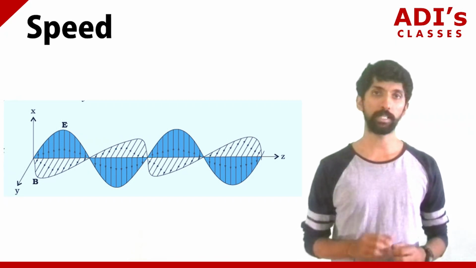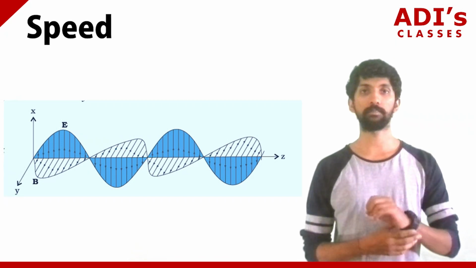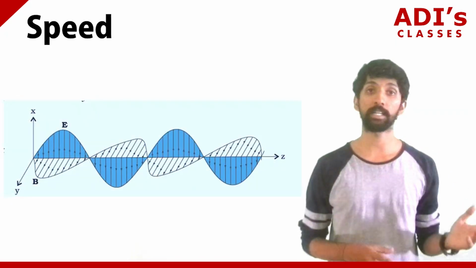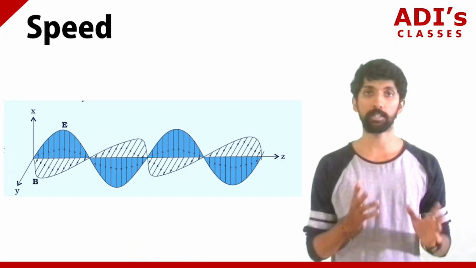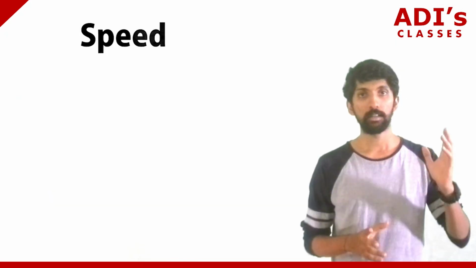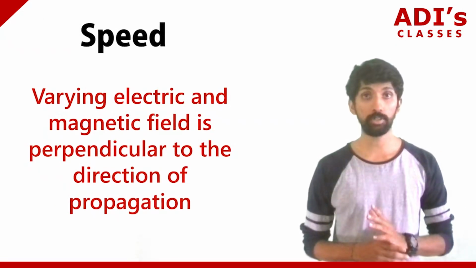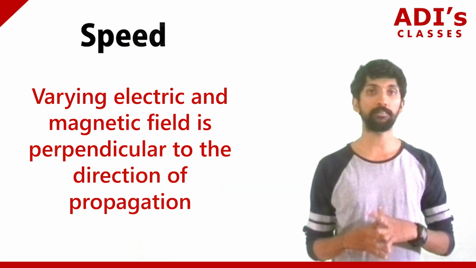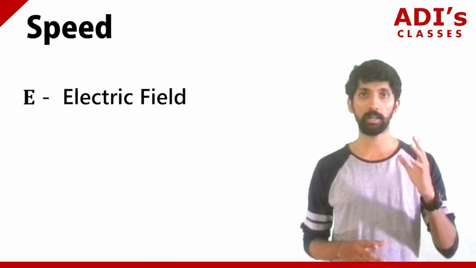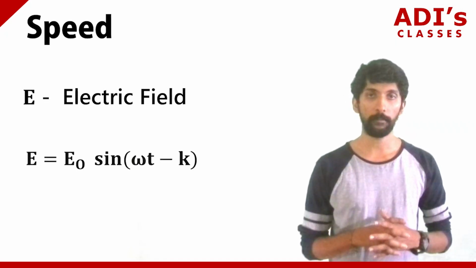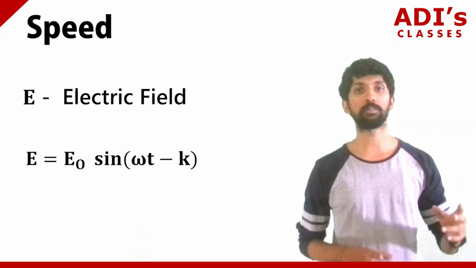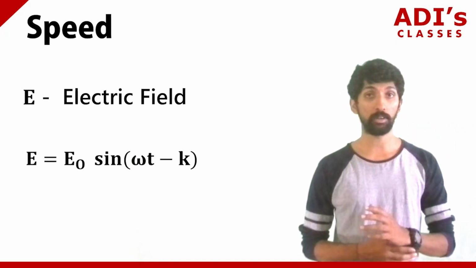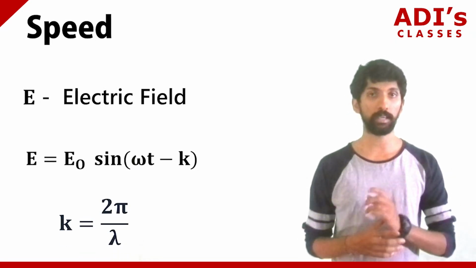So to figure out the speed, we have both electric and magnetic fields which are perpendicular to each other, correct? And the direction of propagation of the wave is perpendicular to both electric and magnetic fields. Now suppose we have E to be the electric field, then E is equal to E naught sine of omega t minus k.